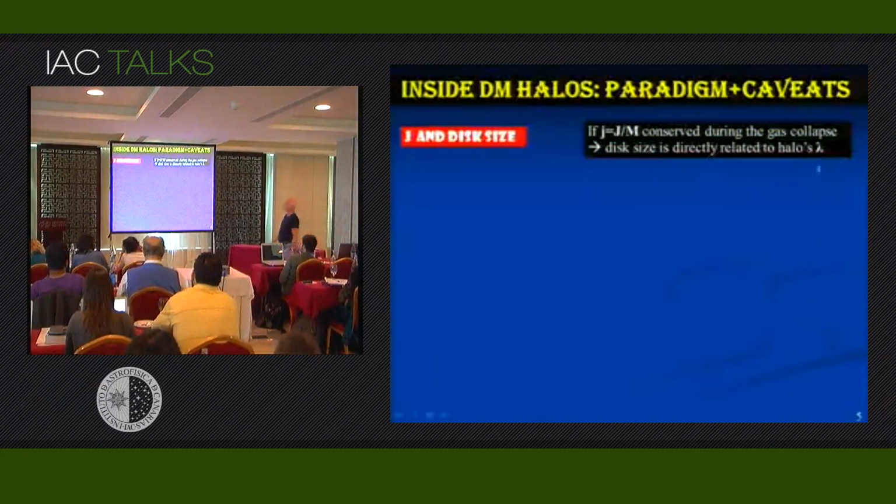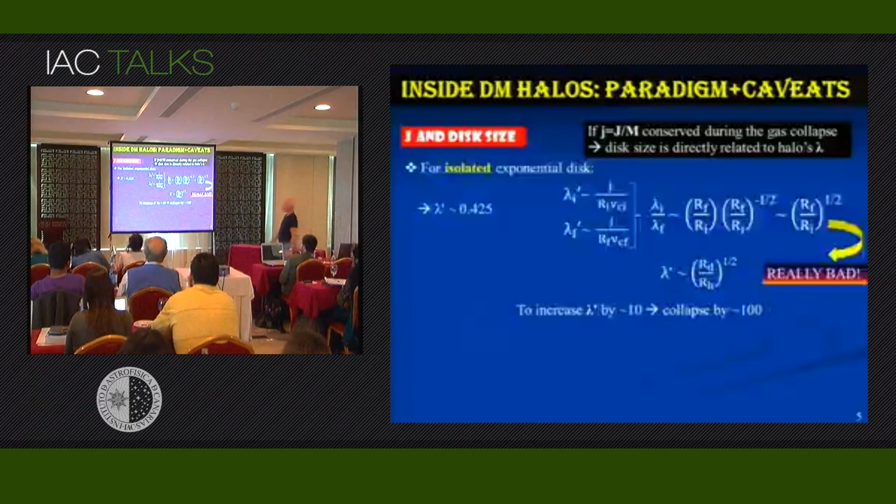Now, if we define specific angular momentum, which is just the total angular momentum normalized by the total mass, one can hope that the disk size distribution is directly related to the distribution of the halo spin. So I first brought up a simple analytical example.